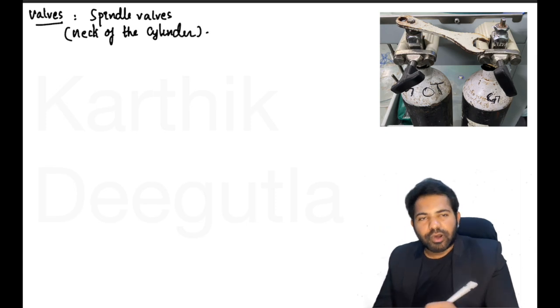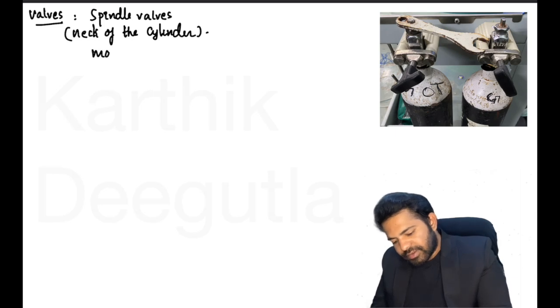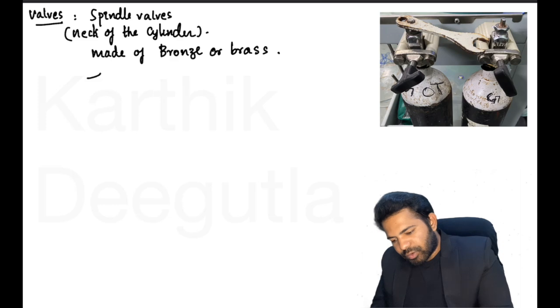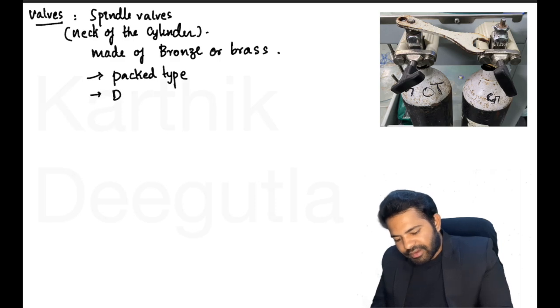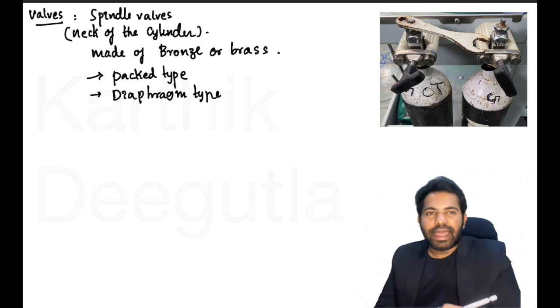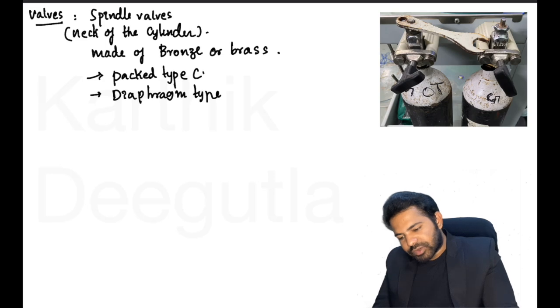They are made of bronze or brass, and they are of two types. They can be packet type or they can be diaphragm type. And the packet type of valves are most common.